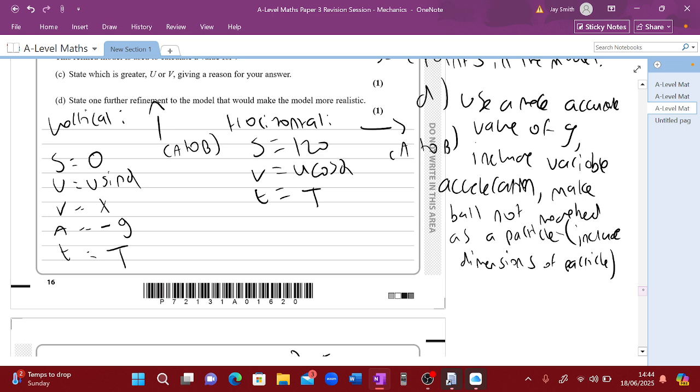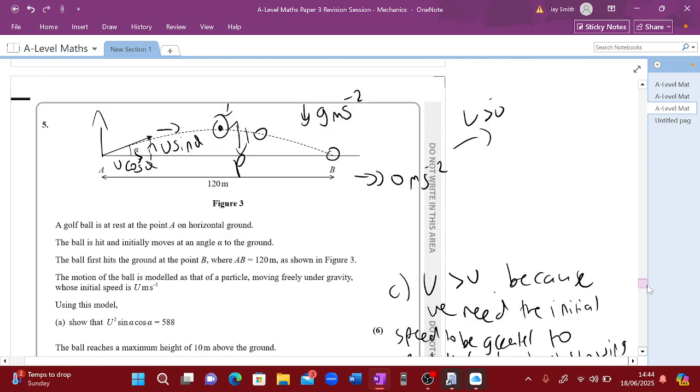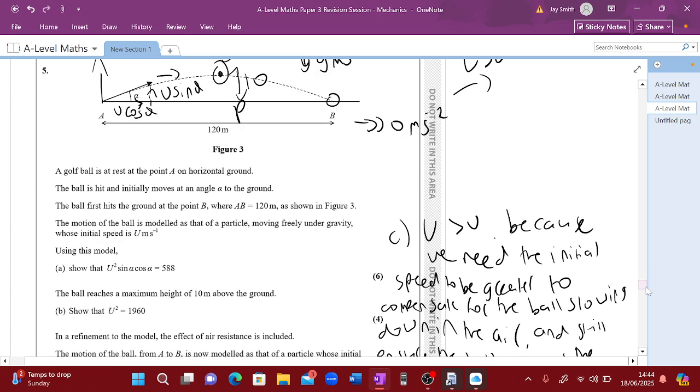Obviously, if you mention air resistance specifically, you get the mark, and anything about mass or weight they wouldn't allow. I think the reason for that is because we didn't even use the mass in the model, but I don't know. Those were sort of the reasons.